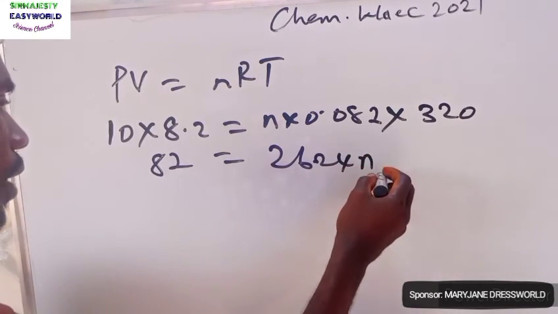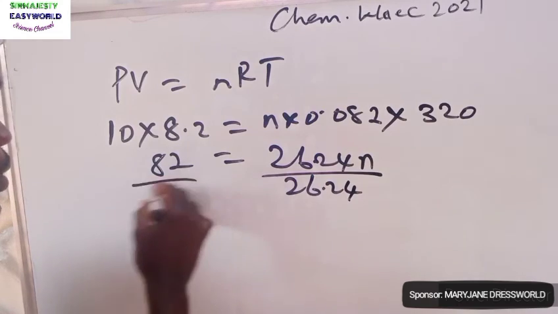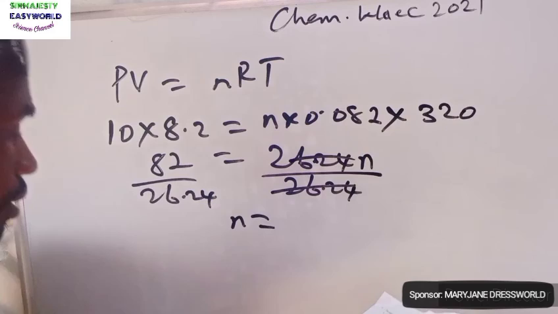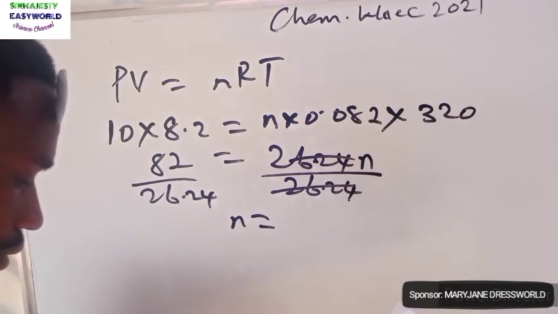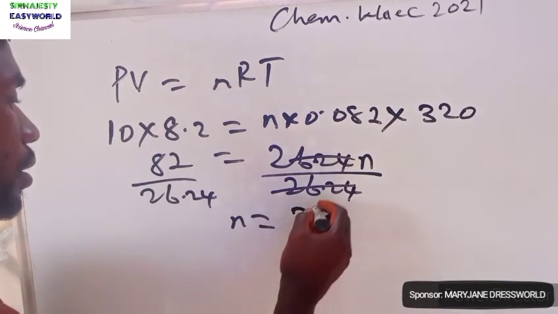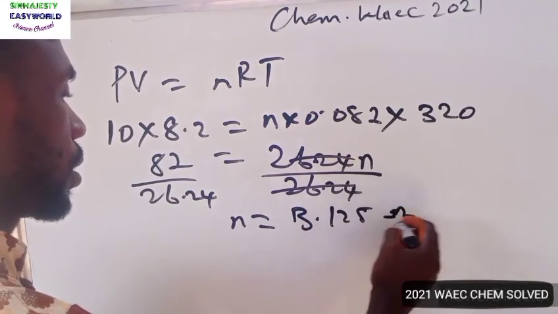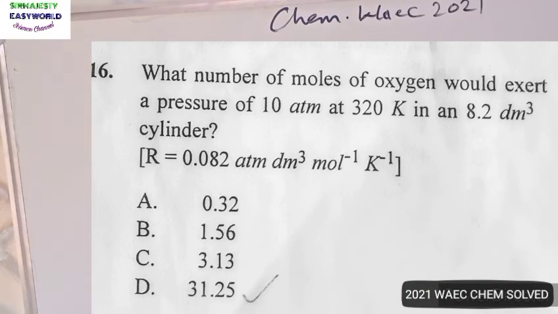So this is 26.24n, such that n is, divide both sides by 26.24. 26.24 cancels. Our n is now 82 divided by 26.24, which will give you 3.125, approximately 3.13, which is option C. That's the correct answer for question number 16.